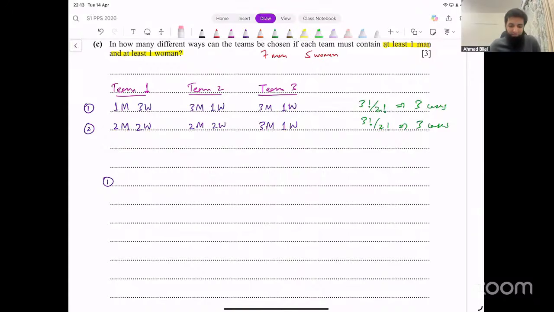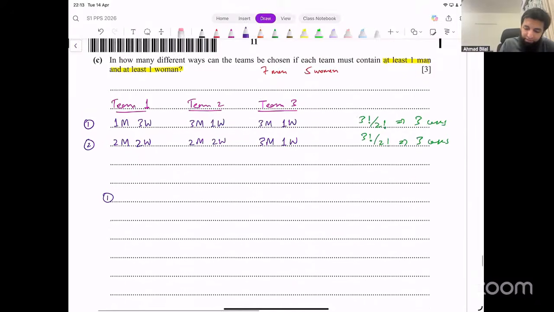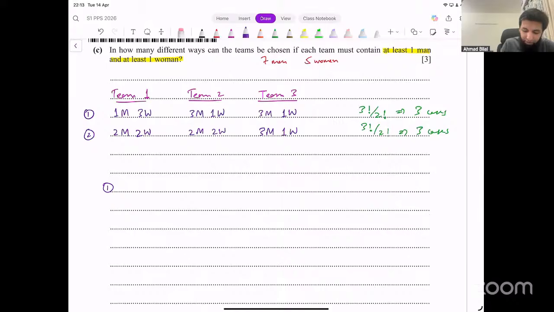Now, what about the first case? How do you figure this out? In the first case, out of 7 men for the first team, we want to select 1, and out of 5 women, we want to select 3. So 7C1 into 5C3. That's what we get for team 1.